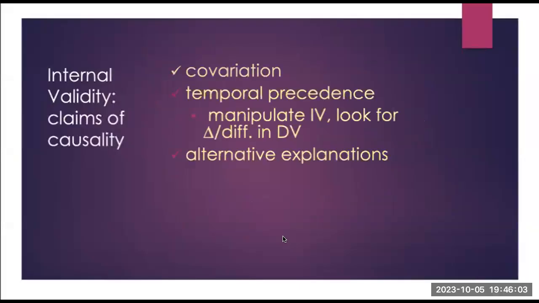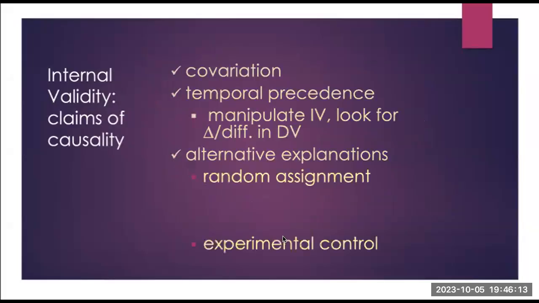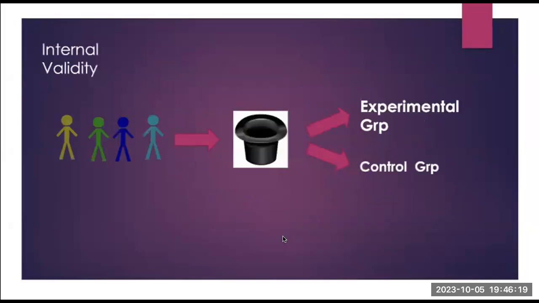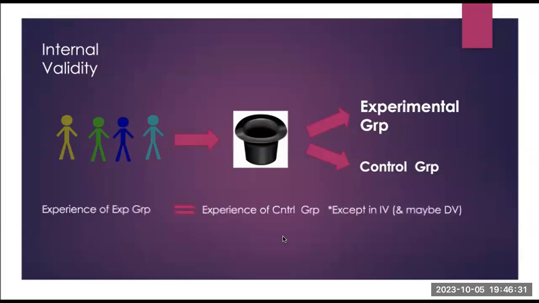So as I mentioned, you get covariation and establish temporal precedence by manipulating the independent variable and looking for a change in the value of the dependent variable. And you rule out alternative explanations through random assignment and experimental control. So ideally, when you have an experiment, you have participants and you essentially have their names in a hat and you randomly assign them to either be in the experimental group or the control group.